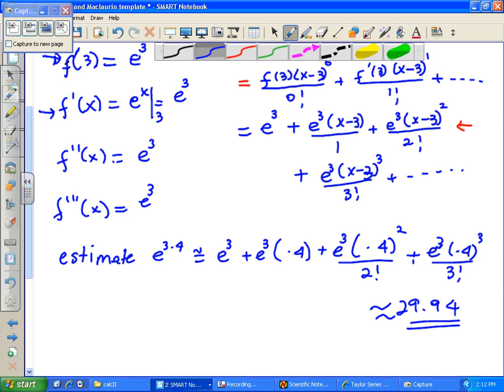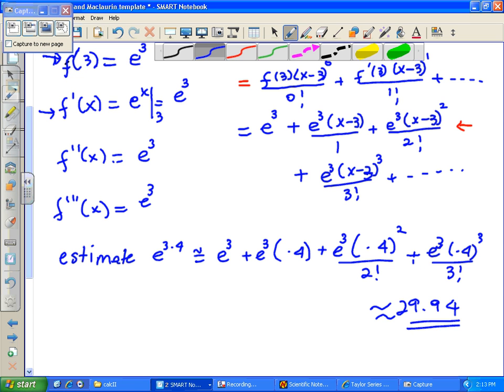Okay. So as always, I'm going to leave you with a homework problem to work on this Taylor series idea. Okay, let's do this one.